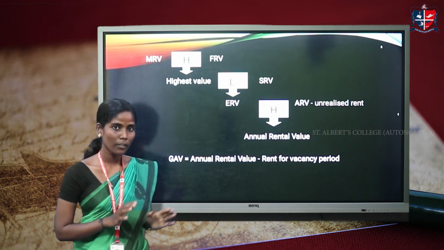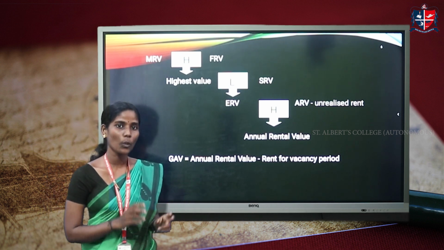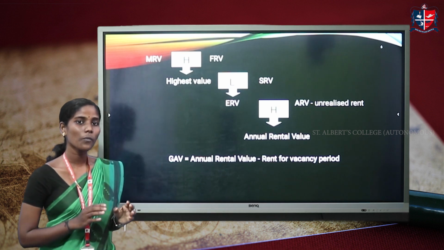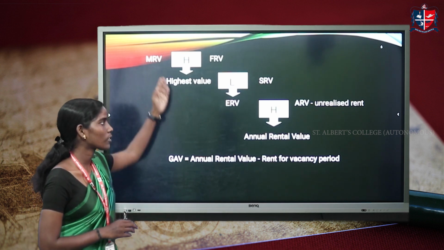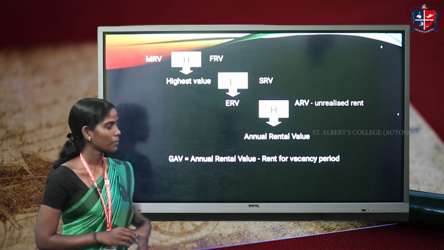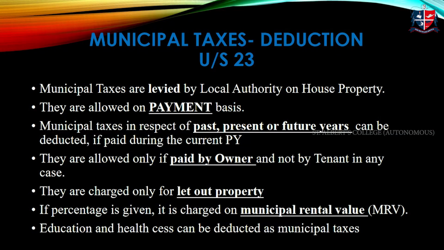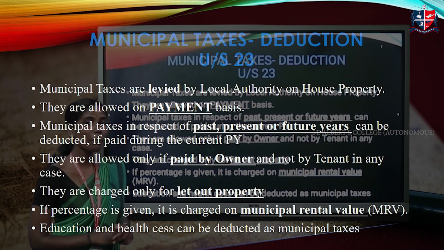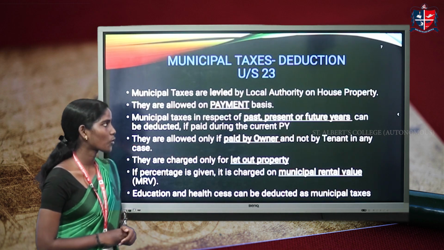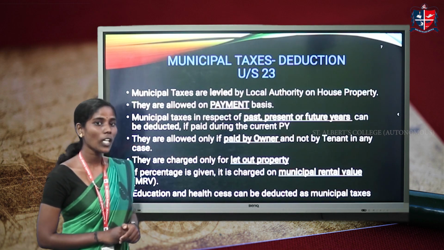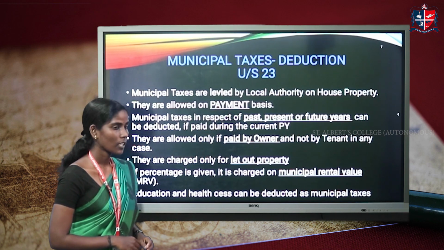So in the format, the first amount is gross annual value and the gross annual value is computed by following this procedure. Next term is municipal tax. It is the tax levied by the local authority on the house property and it is allowed on payment basis.